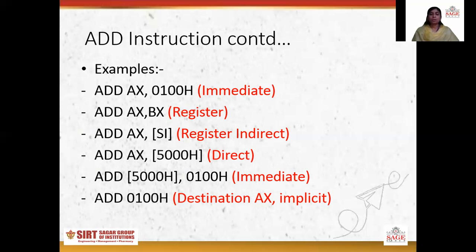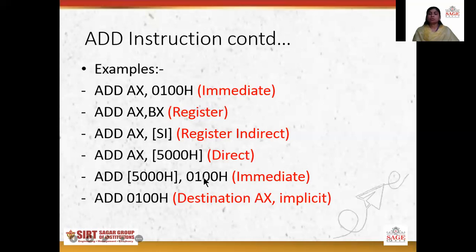Fourth is the example of direct addressing mode. At this address the operand will be added with the AX register, and the result will be stored in the AX register. Then again, immediate data will be added in the immediate addressing mode.